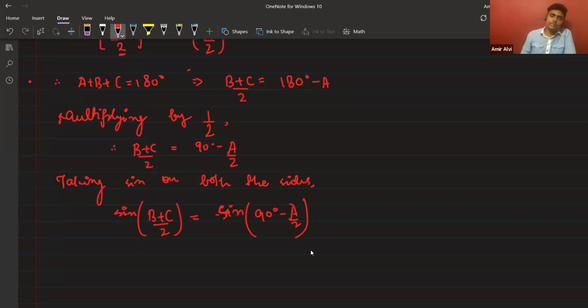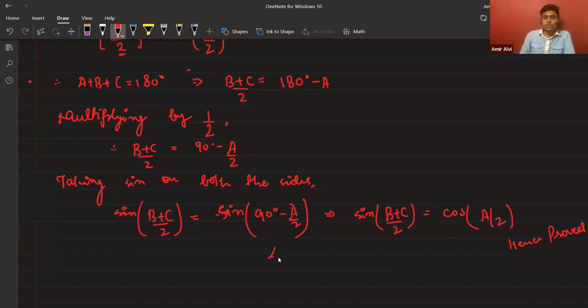Very good. So sine of (B plus C) by 2 will be the same. Here, this is our A, so we'll get cos of A by 2. So this is what we have to prove. LHS is equal to this. Hence proved, LHS equals RHS.